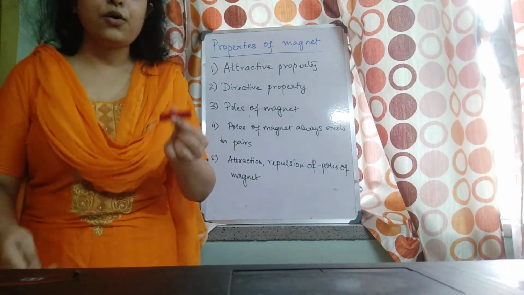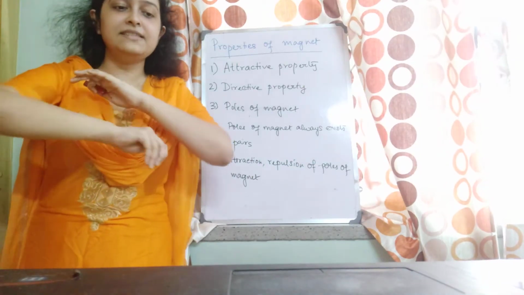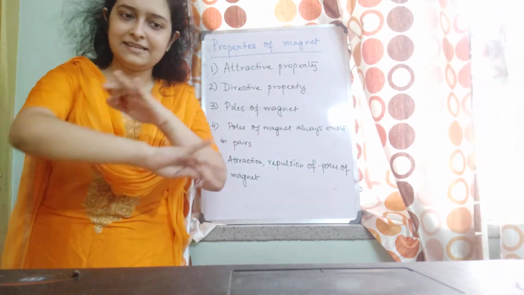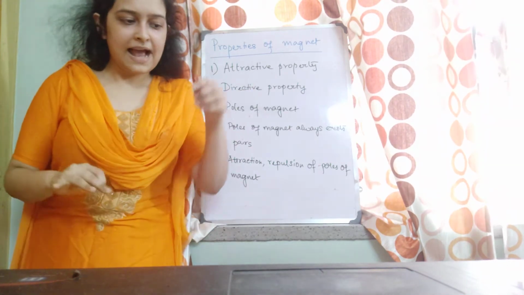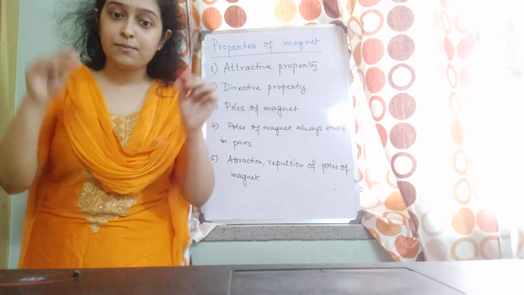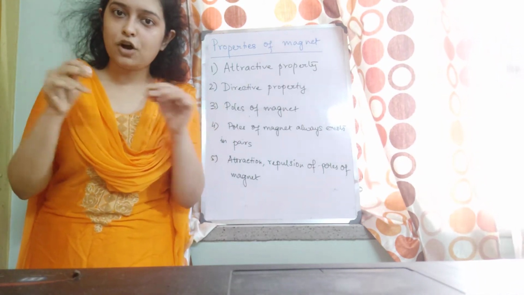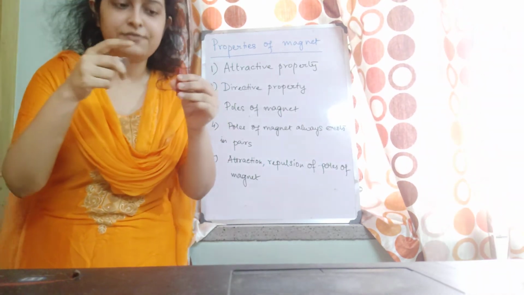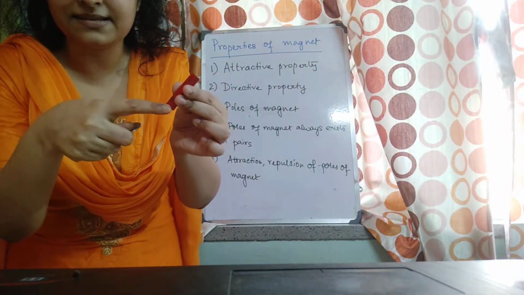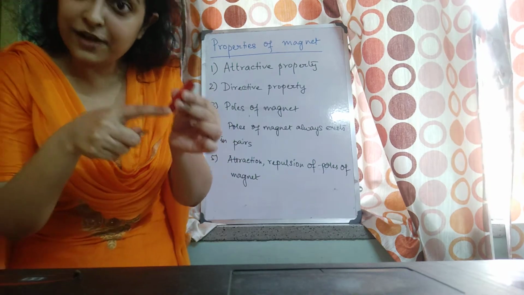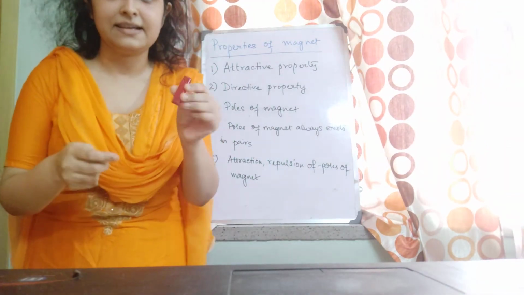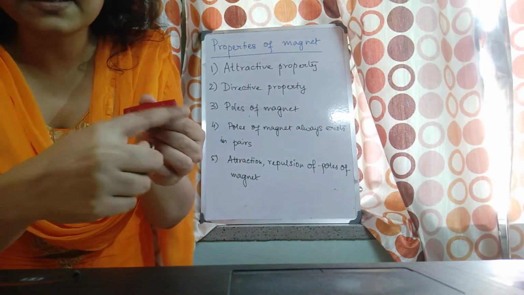So if I spread iron nails or iron pins or magnetic substances on a paper and I move the bar magnet over them, I will find that maximum nails or pins will cling on to the two ends, the extreme ends. That will prove that the maximum strength of the magnet is near the two ends.